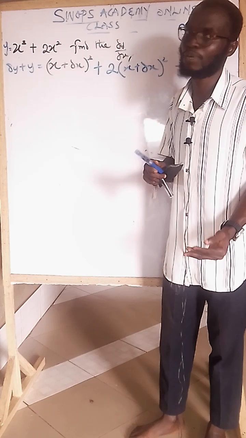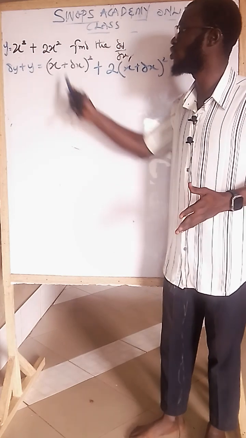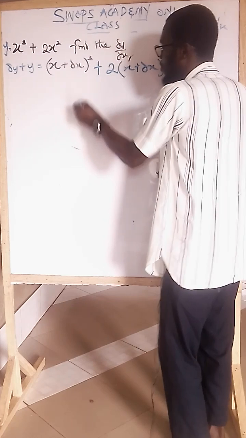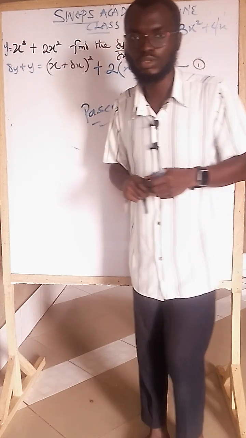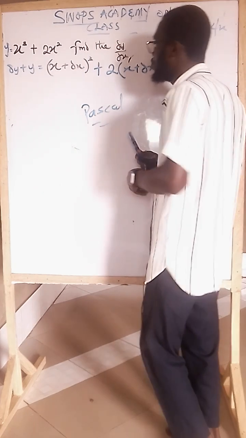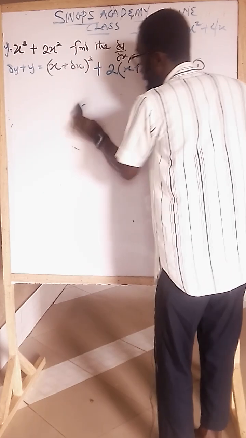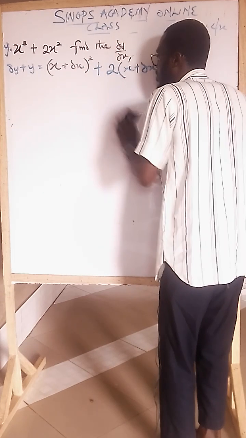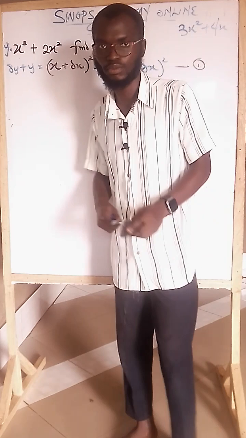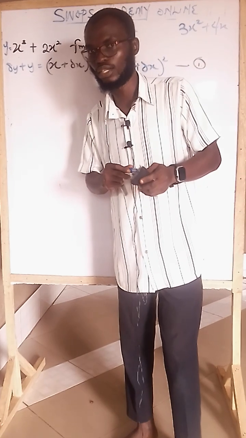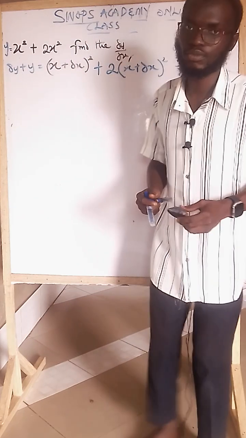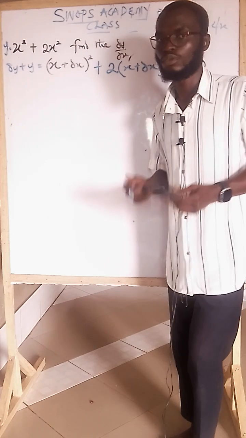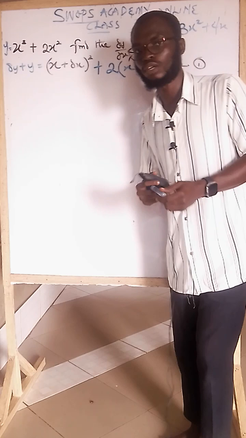If you use a Pascal triangle to expand this, you are going to go. Then if you also use a factorization method to expand this, you are also going to do. What do we use here? Should we use a Pascal triangle or should we use the factorization? Anyhow you do. We should make use of the Pascal triangle, right?